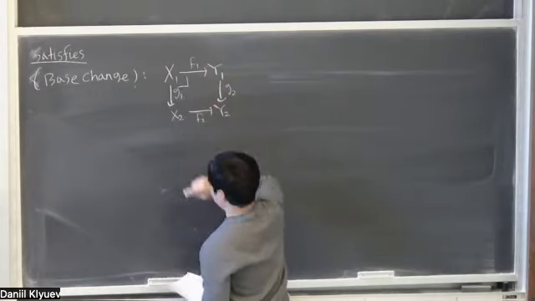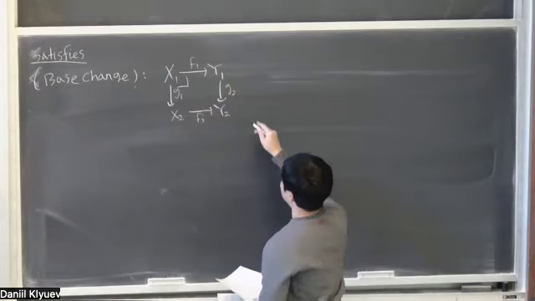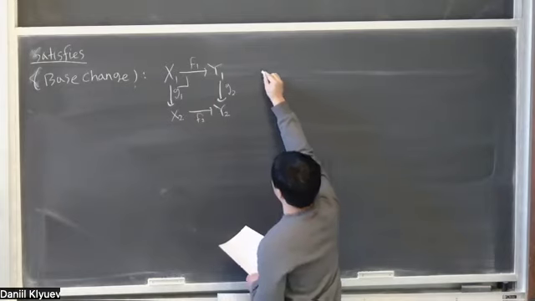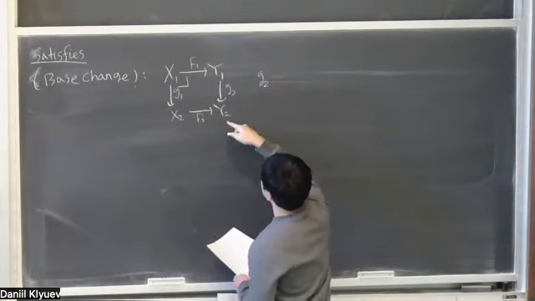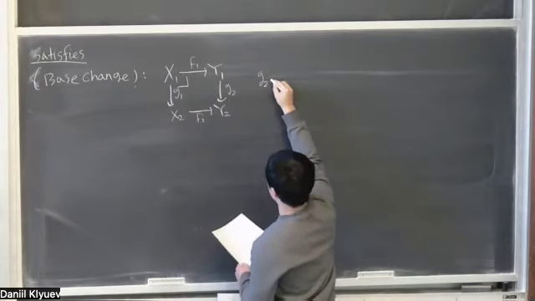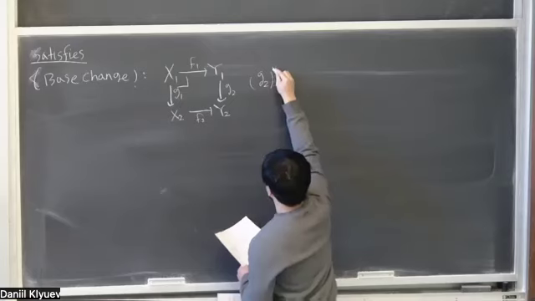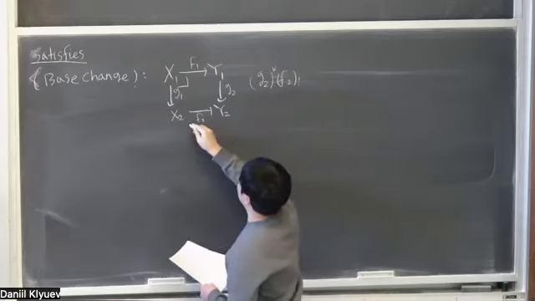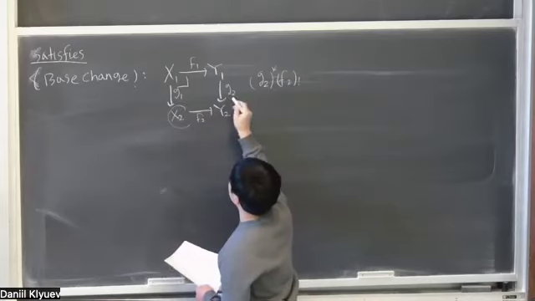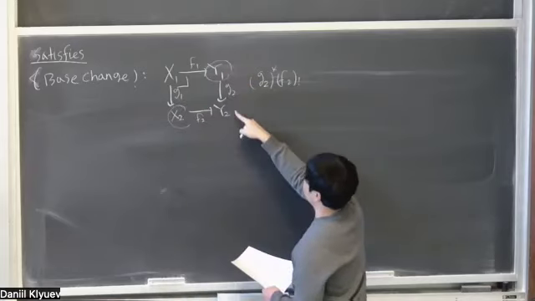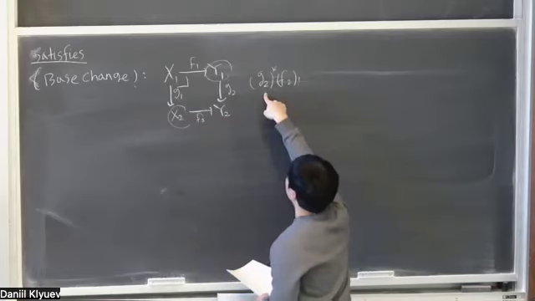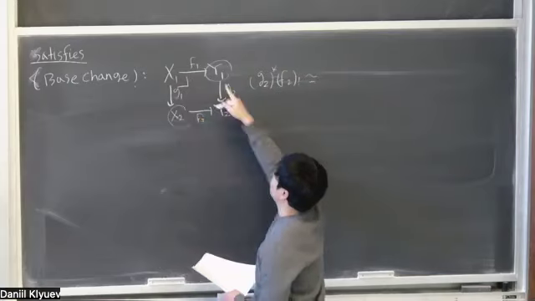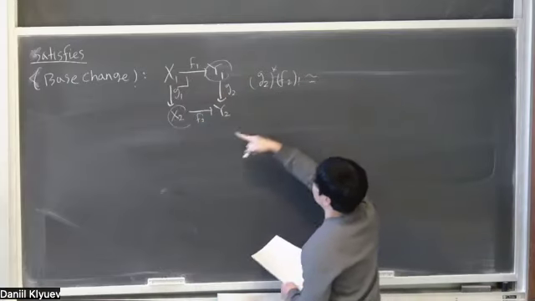Whenever we have a pullback diagram like this, we have a natural isomorphism of functors. We have two ways to go from here to here, and they are naturally isomorphic like this.